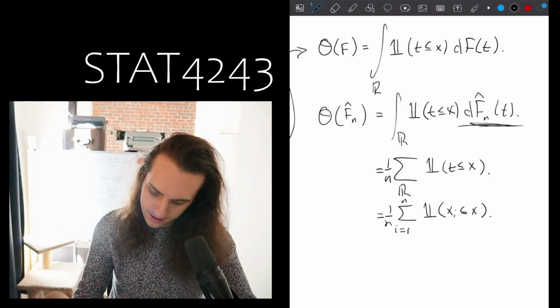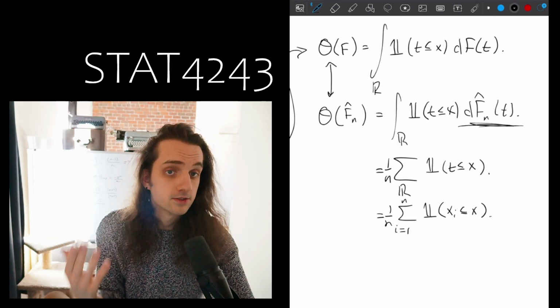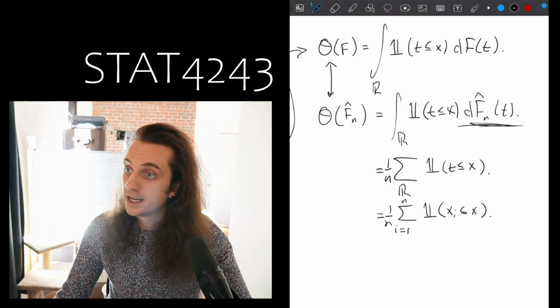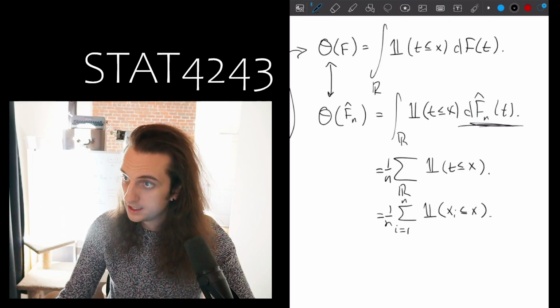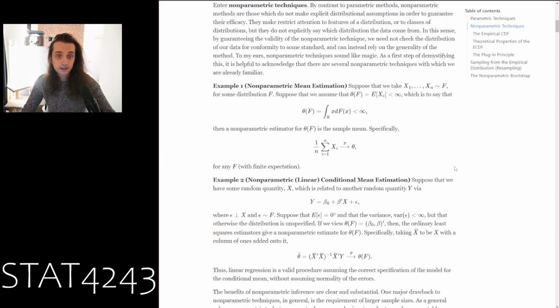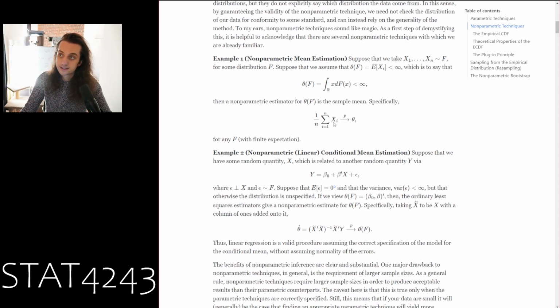And so the idea that I'm getting at here is that we could have viewed this as a non-parametric estimator in essentially exactly the same way as we did with the sample mean. If we open back up our slides here, you can see that the population mean we define as this integral here, and then the sample mean becomes 1 over n, the sum over these values.